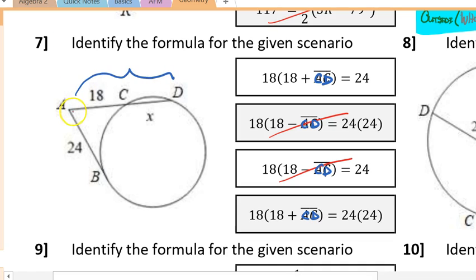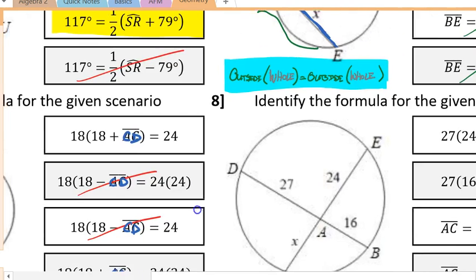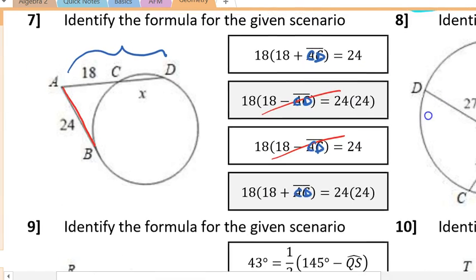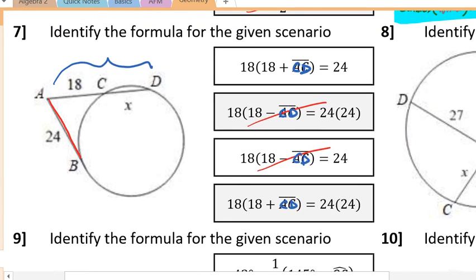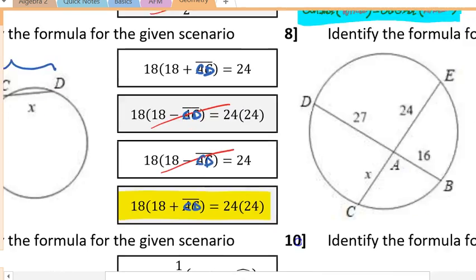We have this scenario here where it looks like I only actually have an outside piece, so we may be tempted to choose option number 1. However, the formula says outside times whole equals outside times whole, so I must multiply two numbers together. In this particular case, this outside piece also doubles as our whole piece, so number 7 is going to be option number 4, where we're taking 24 times itself. 24 outside and whole is the same.